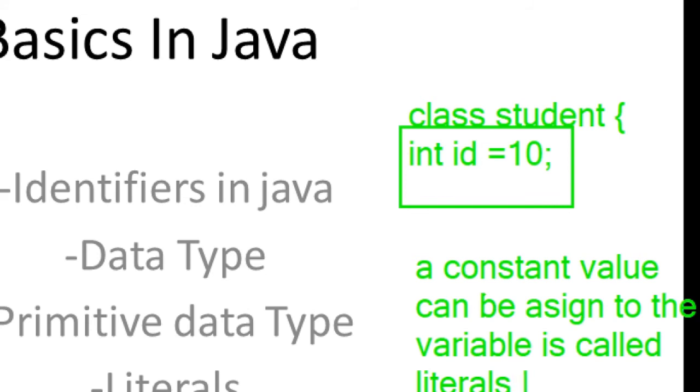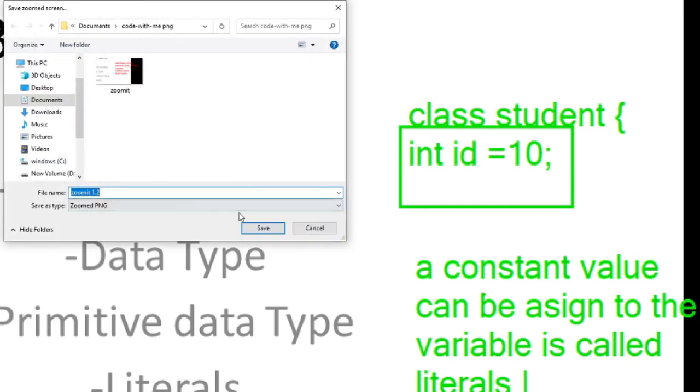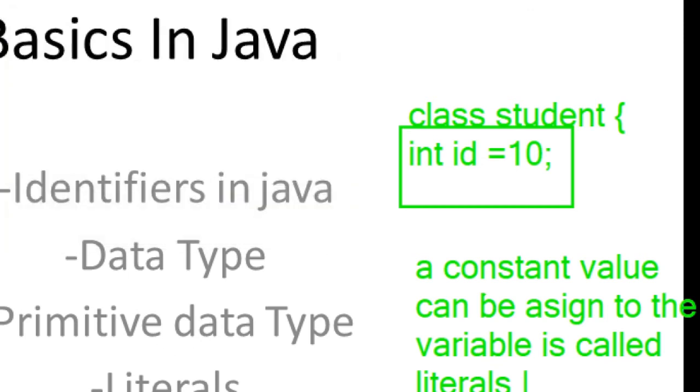So we come up with one definition: a value which is assigned and that cannot be changed is called a literal.